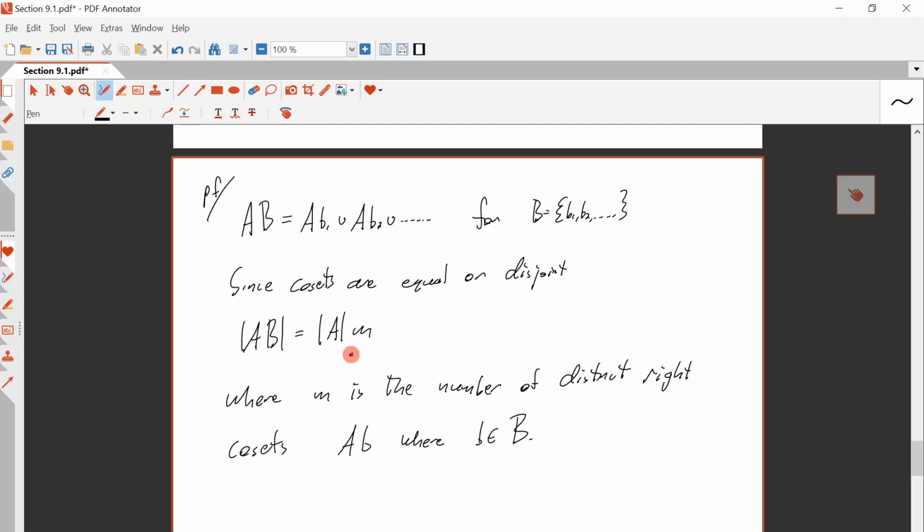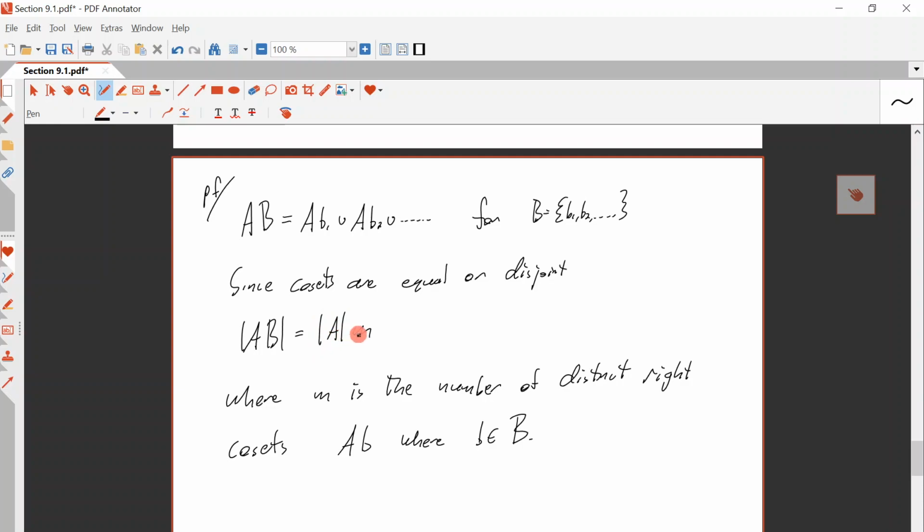So AB is a union of cosets, and cosets are either equal or disjoint, and they're all the same size, which is the order of A. We're talking about finite groups, so everything here is finite.